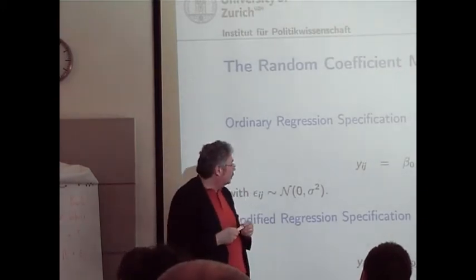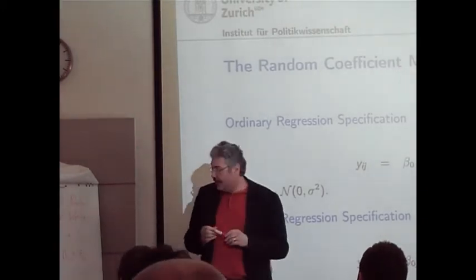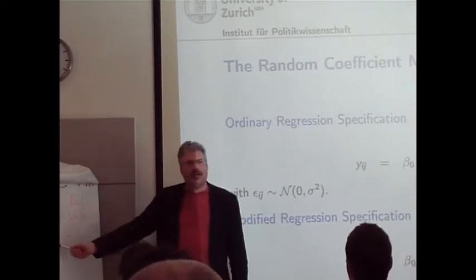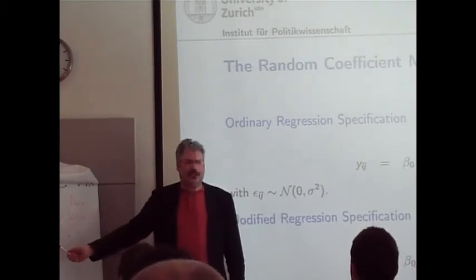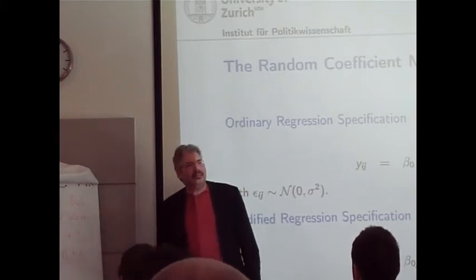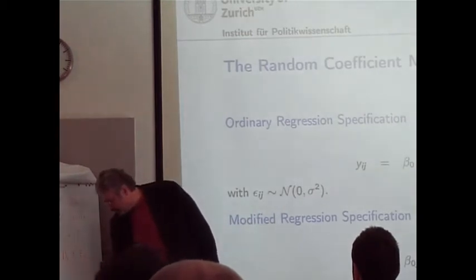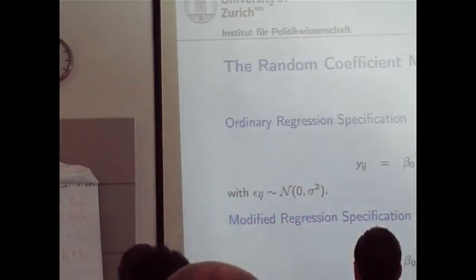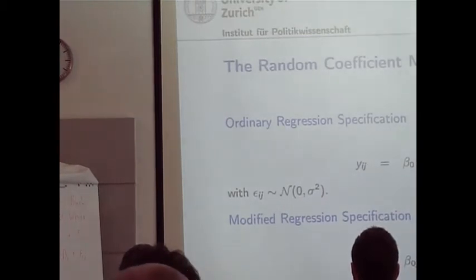And what I'm now going to do is say, well, rather than assuming that this baseline level of support for whites is everywhere the same, rather than assuming that the effect of being black is everywhere the same, I'm going to let that vary. And that's what I've done here at the bottom. All I've done to create the level 1 model is add subscripts j to beta 0 and to beta 1.